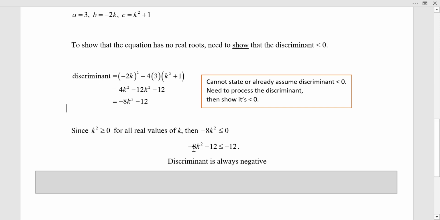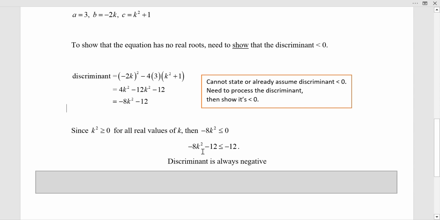And this expression here is actually the discriminant. So what you have shown is that the discriminant is always negative for whatever values of k that you put in. If you put in k as 10, you should get smaller than negative 12.